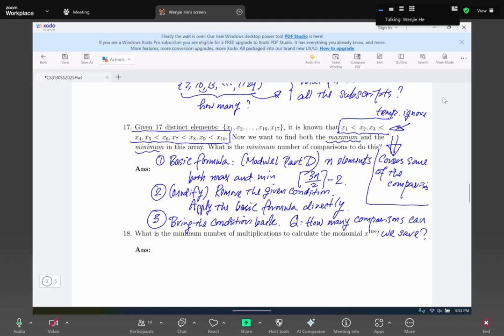And these comparisons can be saved. Then you need to minus that number of comparisons, so you can save. That's the idea, these 3 steps. Number 17.